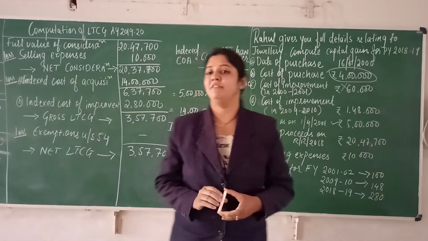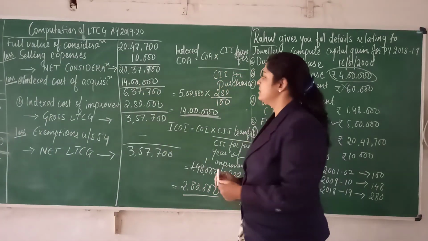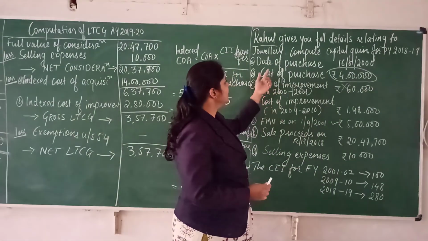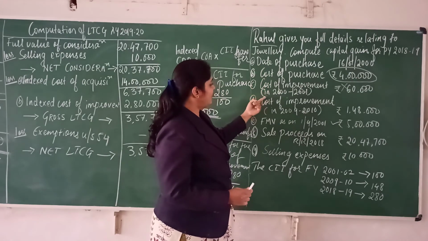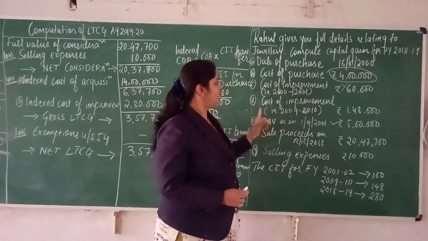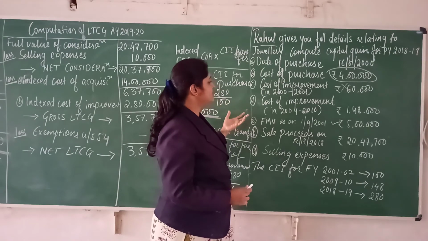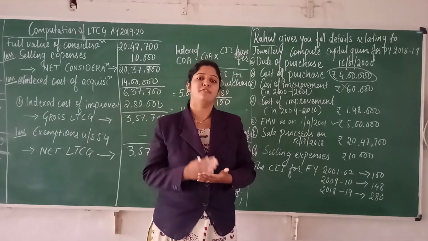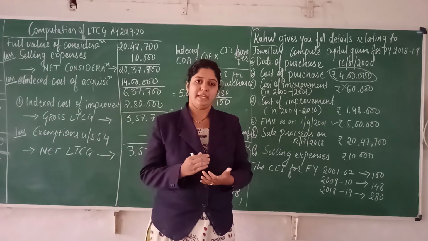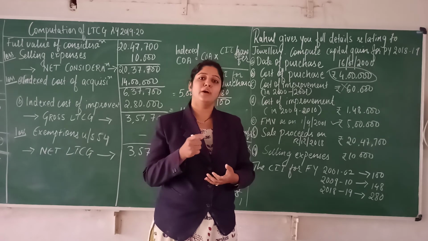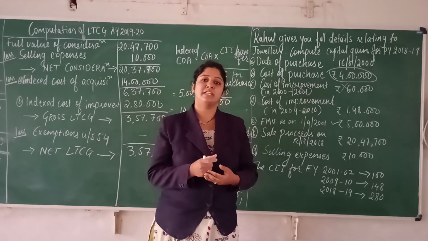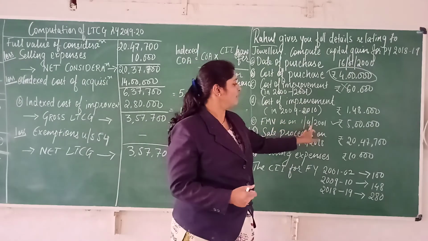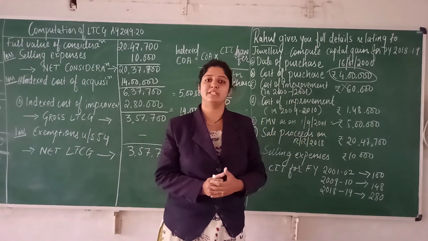So in today's class we have seen a problem on long-term capital gain, wherein you are given adjustment regarding cost of acquisition as well as cost of improvement. And the important points that we have revised in this class: any asset purchased before the base year, that is before 1/4/2001, in that case, instead of taking the original cost as cost of acquisition, we need to take fair market value of the asset as on 1/4/2001 as cost of acquisition.